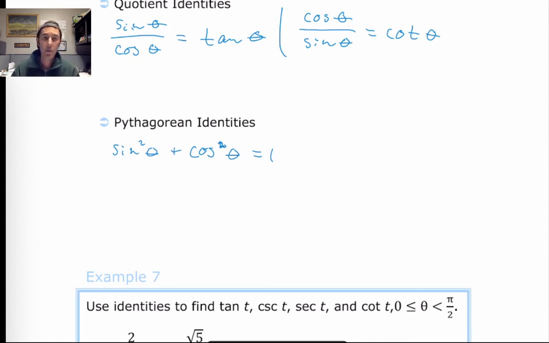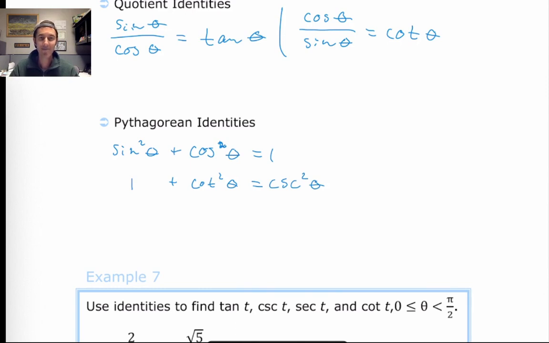There are 2 other versions of this equation. If you take the entire equation and divide it by sine squared, you get 1 equals cosine squared over sine squared, which is cotangent squared, and 1 divided by sine squared equals cosecant squared theta. So that's version number 2.